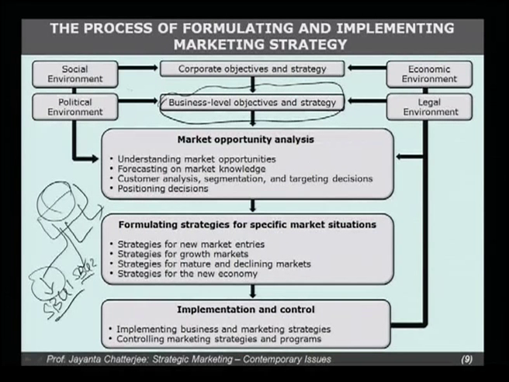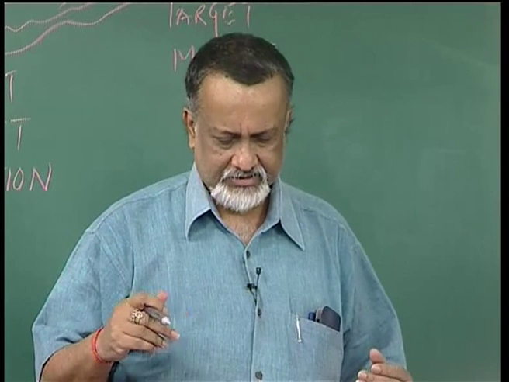This is constantly interacting with what we have called the SPLE, the social, political, legal and economic environmental issues. From this dynamics we have to derive the market opportunity. We have to be able to forecast the growth rate, and forecast what is achievable for the company based on its current strengths and weaknesses.